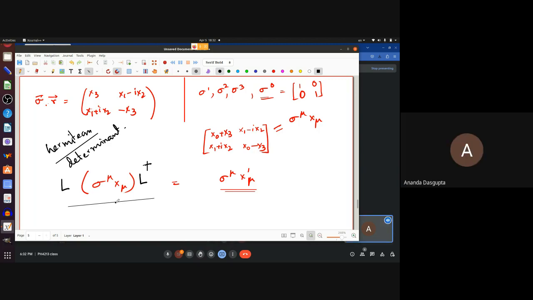Well, the simplest thing, you're right, is that you could just choose an L whose determinant is a pure phase. But then you should realize that L and e to the i phi L will produce exactly the same transformation. So again, infinity to 1. So why don't you take the simplest possibility? Take the determinant of L to be 1.